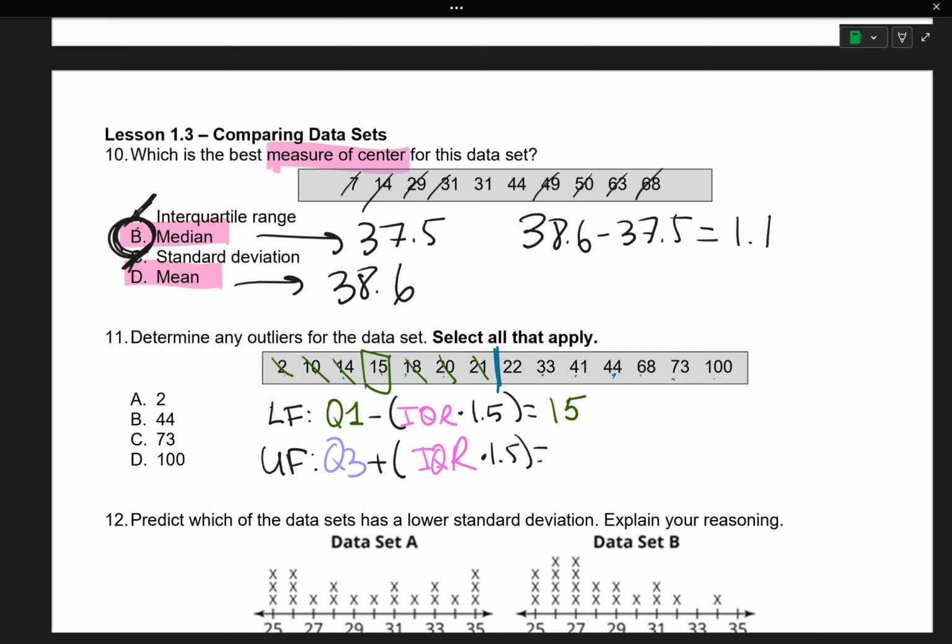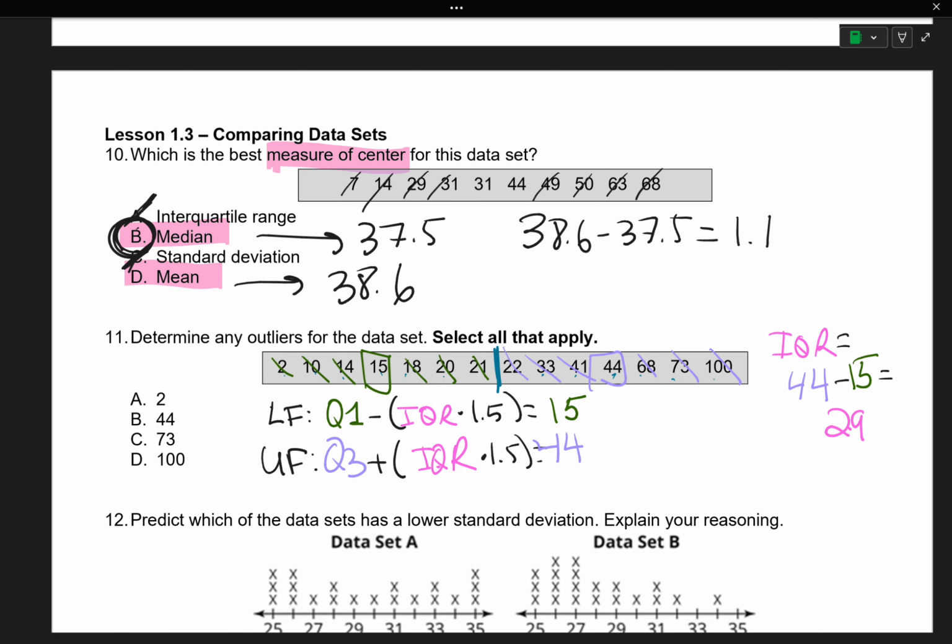Let's find Q3, 44. In order to find the IQR, we do 44, our Q3, minus 15, our Q1. All right, 44 minus 15 gets us 29.